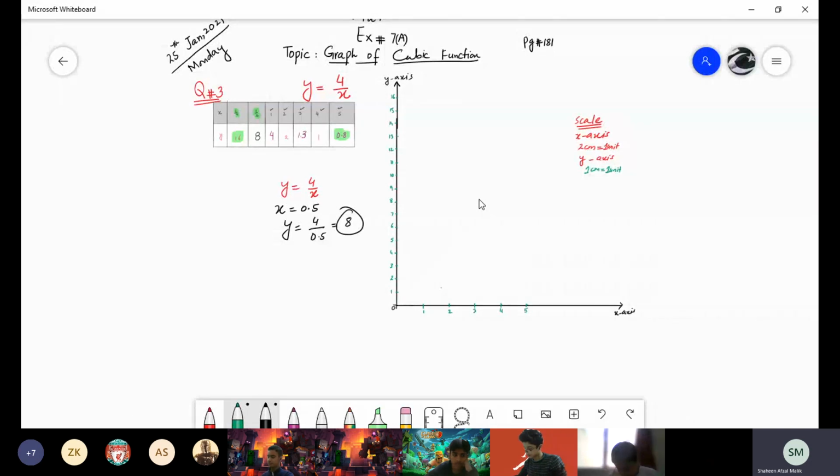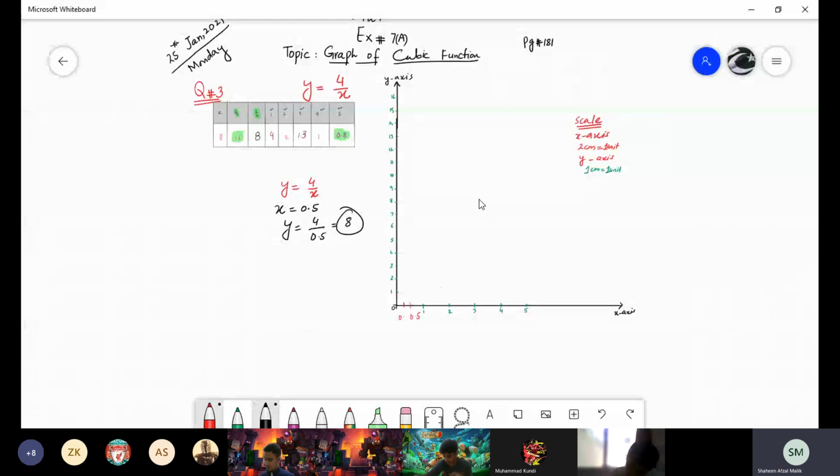When x is equal to 1 by 4, 1 by 4 means 0.25. Yes, boys, this is 0.5. One big square on the x-axis is equal to 0.5. So if we look at the distance from 0 to 0.5, what will be exactly the middle point?